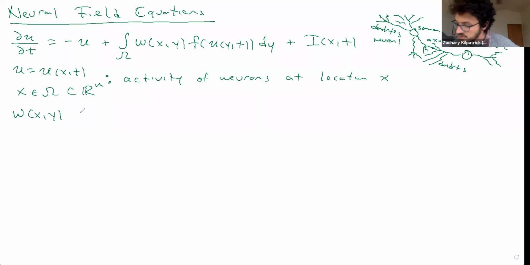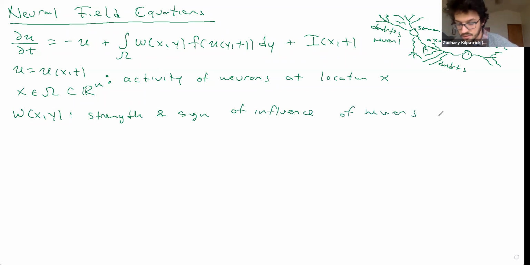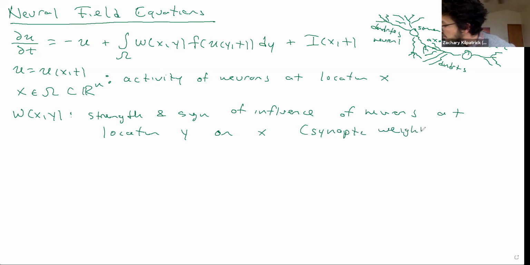So W(x,y) is going to be the strength and the sign of influence of neurons at location y on those at location x. This is often called the synaptic weight kernel. And a lot of times we take this function to just be a function of distance.